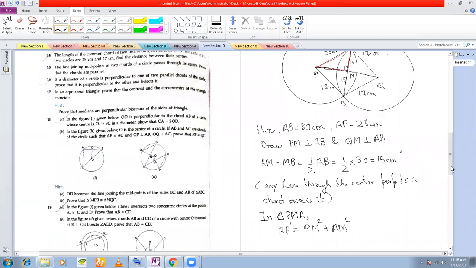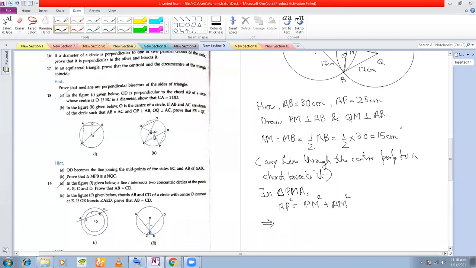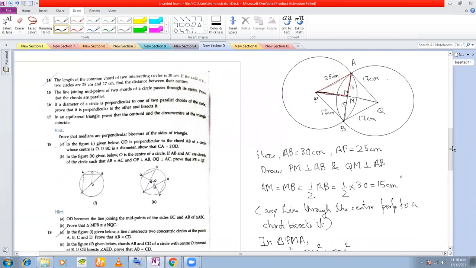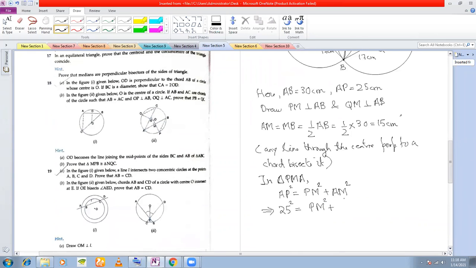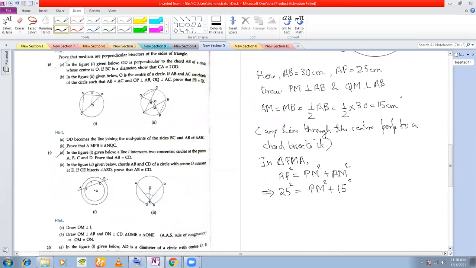Now AP square, length of AP is the radius of the circle. So you know this to be 25. And PM you don't know, so you'll simply write PM square. And AM square you know as 15 square. So that means PM square is 25 square minus 15 square.